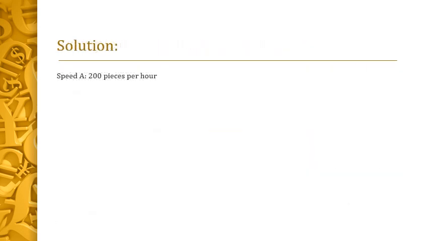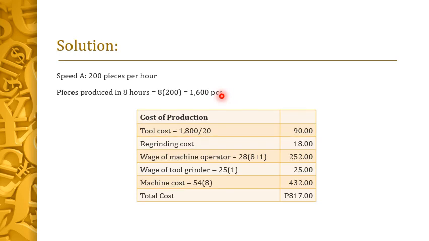Speed A has an output of 200 pieces per hour. This means that the pieces produced in 8 hours is equal to 8 hours times 200 pieces per hour, equal to 1,600 pieces. Now we compute the cost of production for speed A. The tool cost is equal to 1,800 pesos divided by 20.